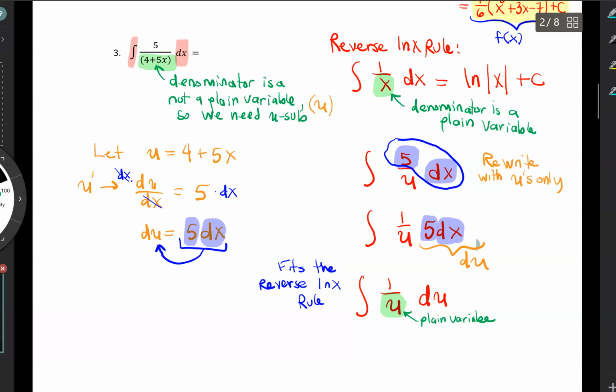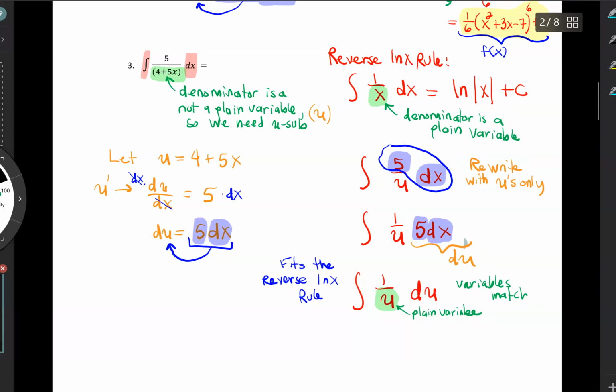Also, my variables match, my bookend. Okay, we're ready to go. We can use this reverse natural log rule. So let's do it. What does my rule tell me? My rule says if I have an integrand that's 1 over a plain variable, then the original function was natural log of that plain variable in absolute values plus c.